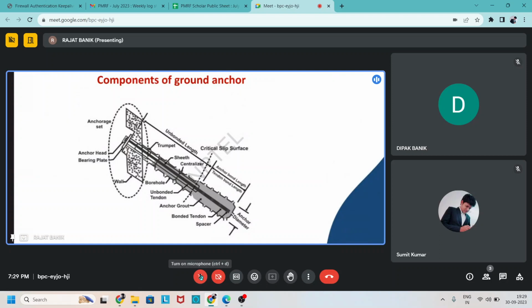So this arrangement consists of the anchorage set, anchorage head, bearing plate, and wall.